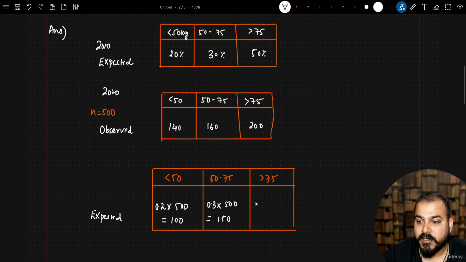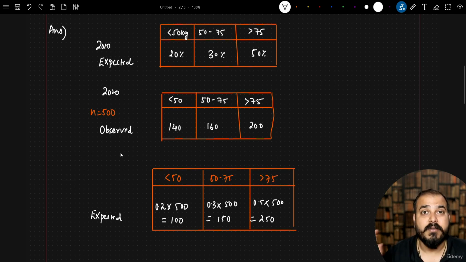And finally, over here it was 50%, so I will multiply with 500. So the total I'm going to get is 250. Now this is my expected information based on this sample, considering the 2010 census. Now based on this problem statement, I'm going to apply a chi-square test and find out whether there is a difference between 2010 and 2020 census with respect to the observation of weights.